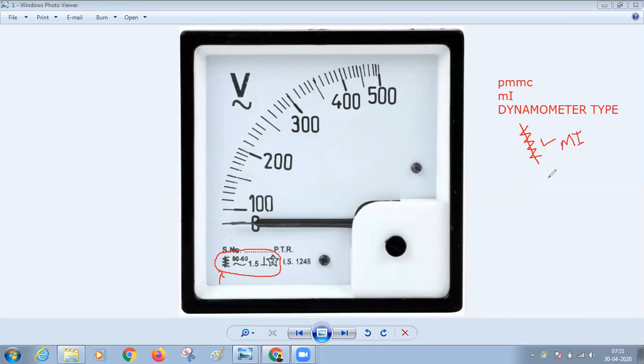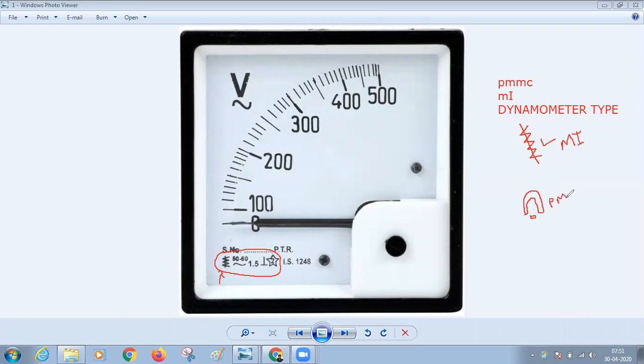If it is a PMMC meter, then the symbol given is like this. So this is the PMMC meter.